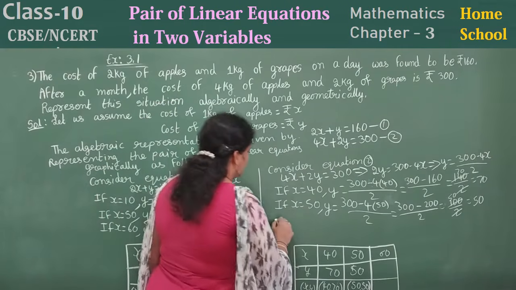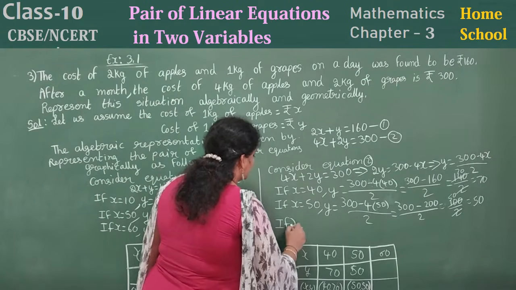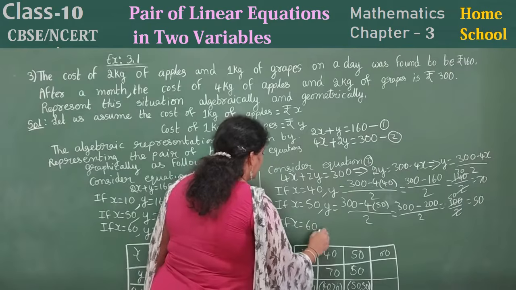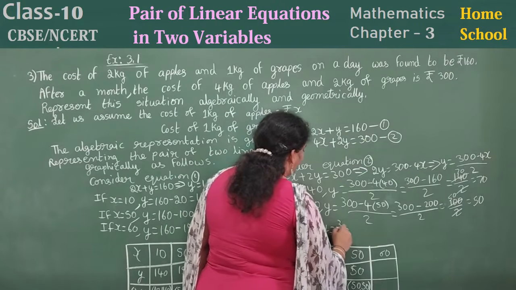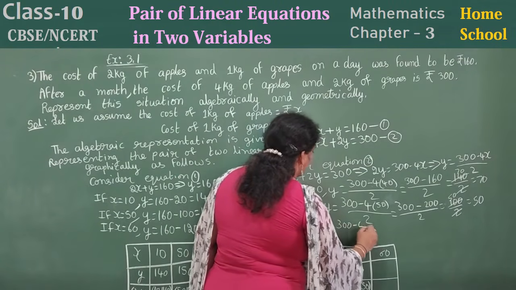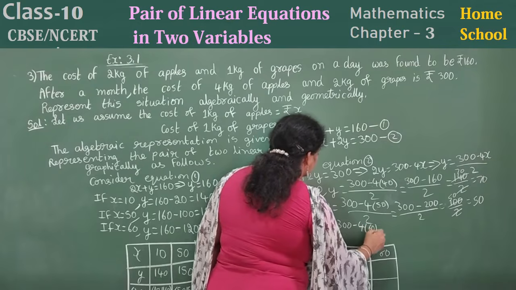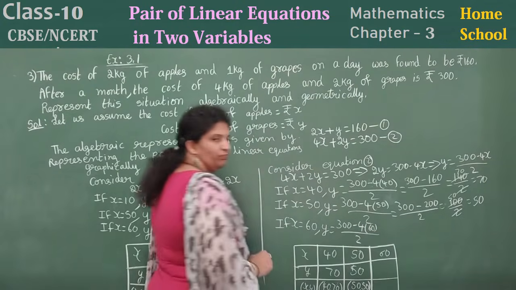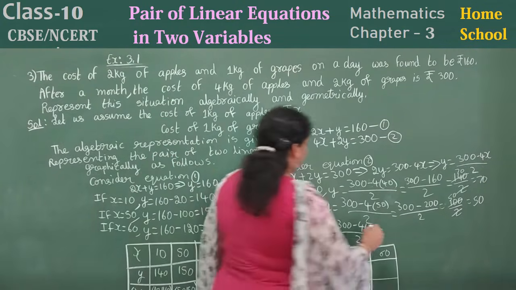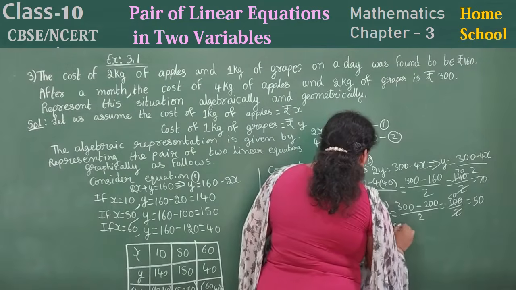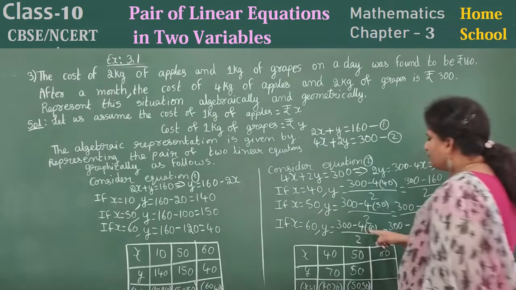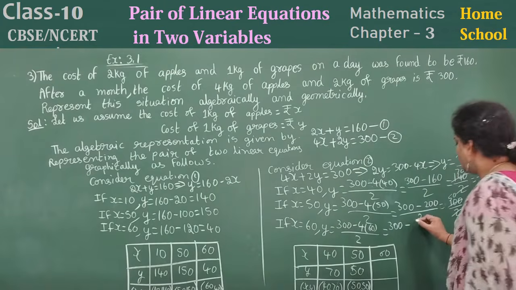So next, last one, if x is equal to 60, y is equal to 300 minus 4 into 60 by 2. Okay, that will be 300 minus 6 4s are how much, children? 24, right?